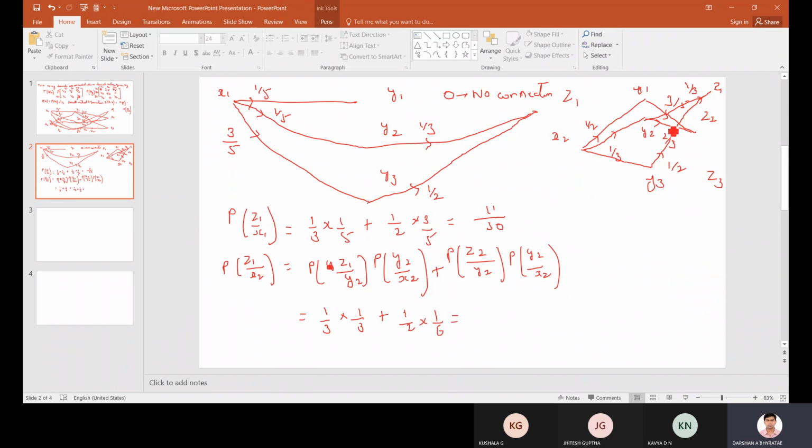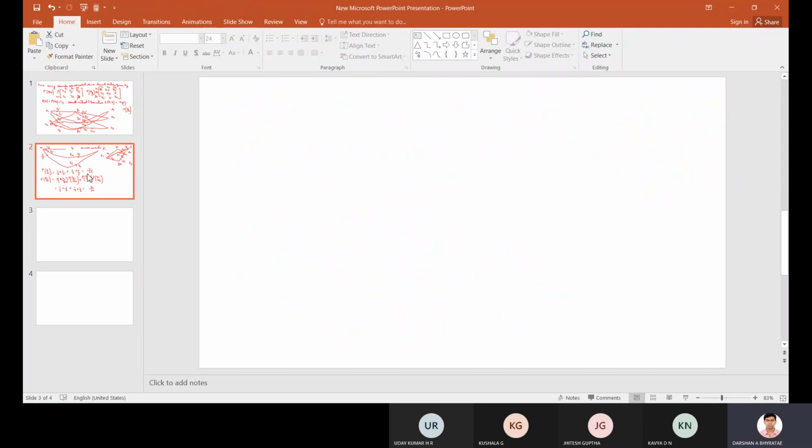Determine the channel path and assign the probability values. After simplification, I get it as 7 by 36 here. Okay, so this is P of Z1 by X2. Similarly, did you copy this?